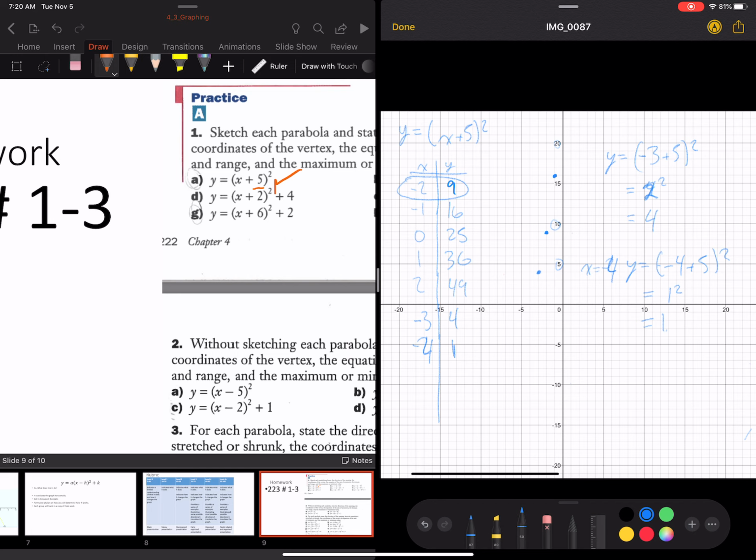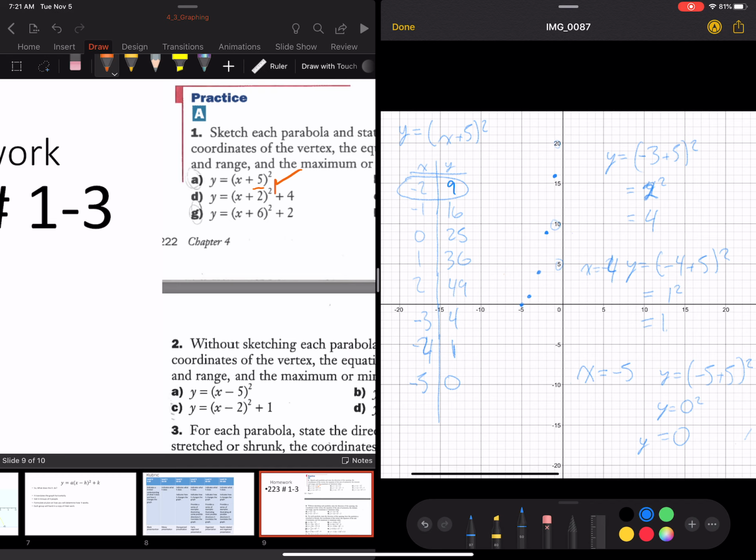It looks like we're coming to the vertex of our parabola. Let's try minus 5. I know this is long and involved, and you're going to wish for an easier way. When x equals minus 5, y is equal to minus 5 plus 5 squared, which is 0 squared, which is equal to 0. So at minus 5, I got a 0.